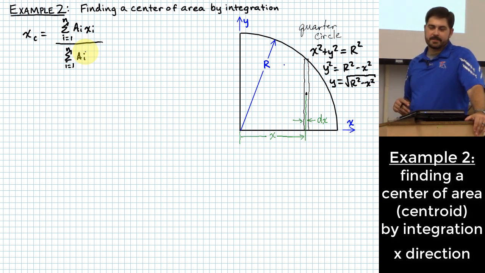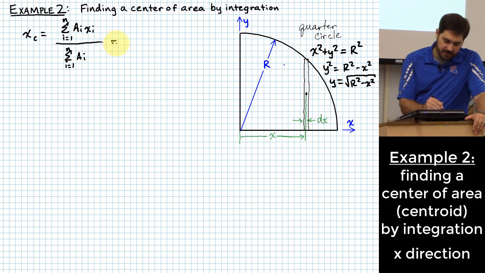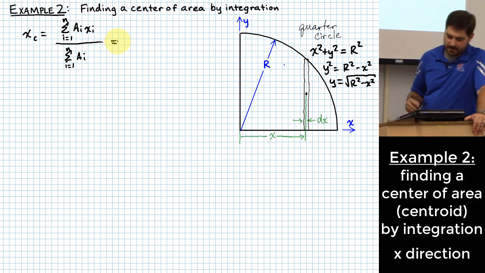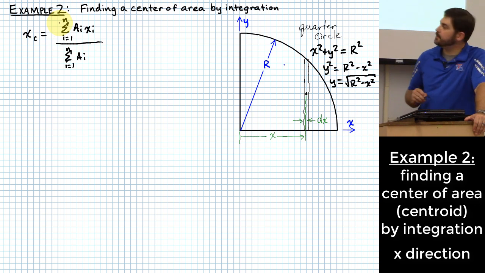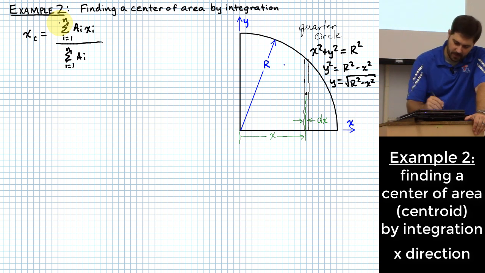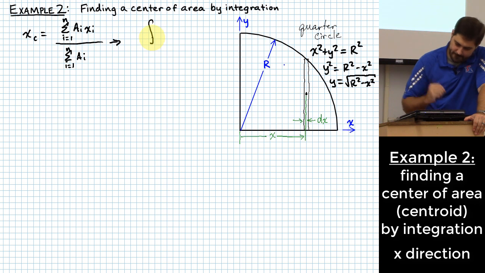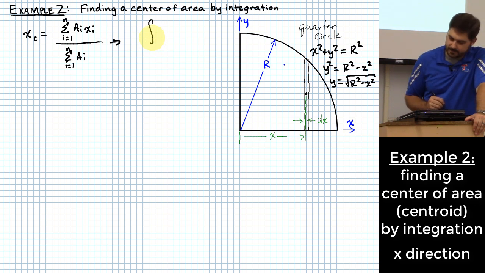I've got an infinite amount of terms. So how does this change, you think? You do a limit as the number of terms goes to infinity, and as the width of each one goes to 0. Crazy. What does that become? An integral, right? Of what?